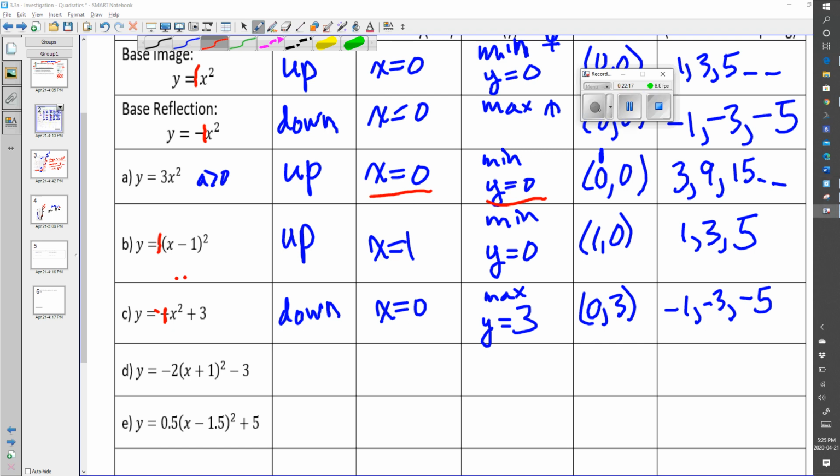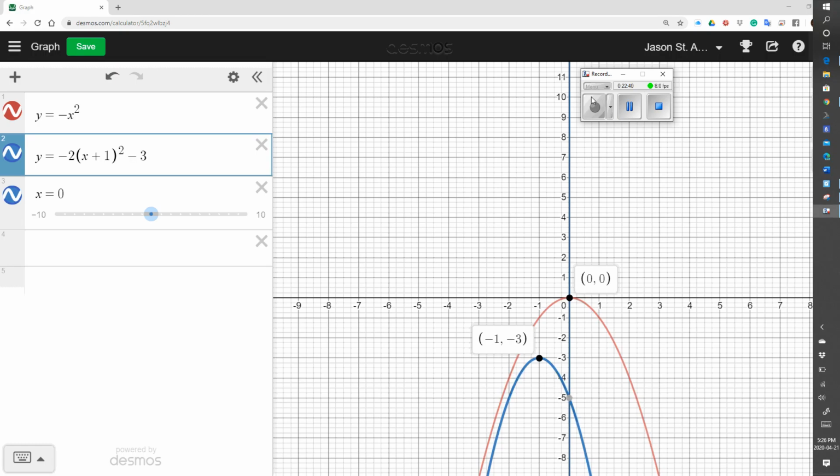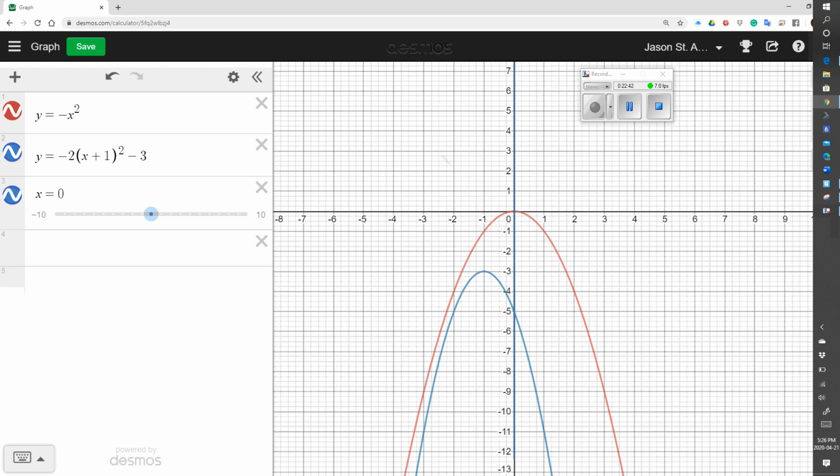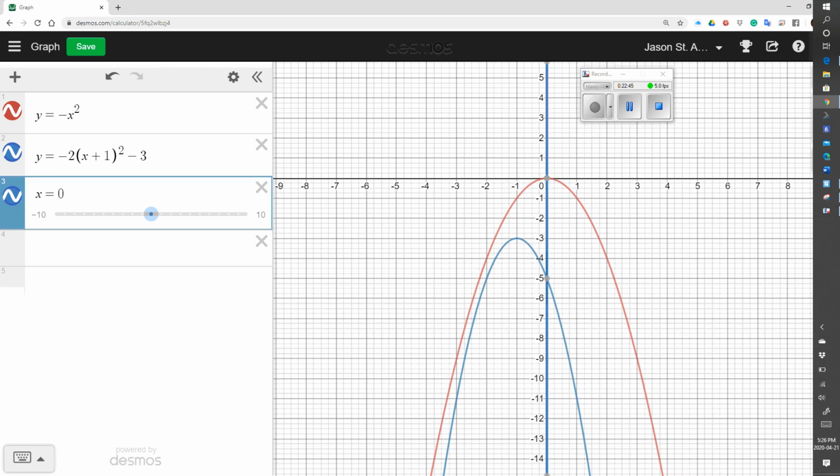So if I look at this next graph, I would tell you right away that this graph is opening down because of the minus sitting in front of the 2. Anytime we have a minus, our graphs open down. Now let's go take a look on our decimal. So when we take a look at our new graph here, our original vertex for -x squared was 0, 0.